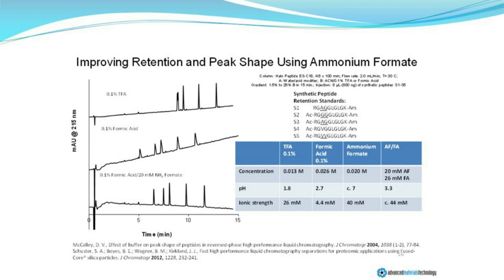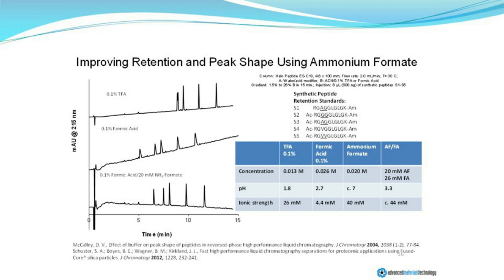On the top example here, on your left side, the chromatogram at the top is conducted in 0.1% trifluoroacetic acid, separation of a fairly simple 5-peptide mixture. And you can see that the peak shapes are narrow. The peaks are relatively symmetrical, and we get a reasonable separation.